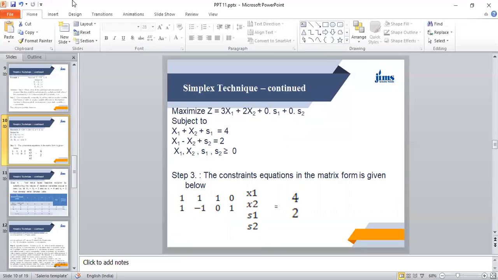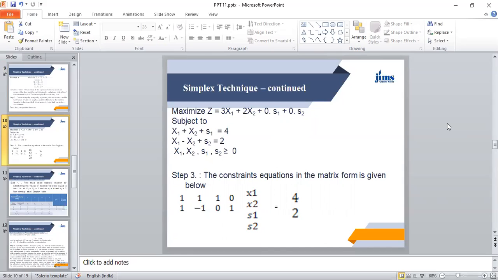So our maximization problem becomes: earlier it was maximize 3x1 + 2x2, plus we have introduced two variables, s1 and s2. As I explained earlier, their contribution in terms of cost or profit is always 0, so they do not add any profit to the system. The coefficients will be 0 into s1 plus 0 into s2.